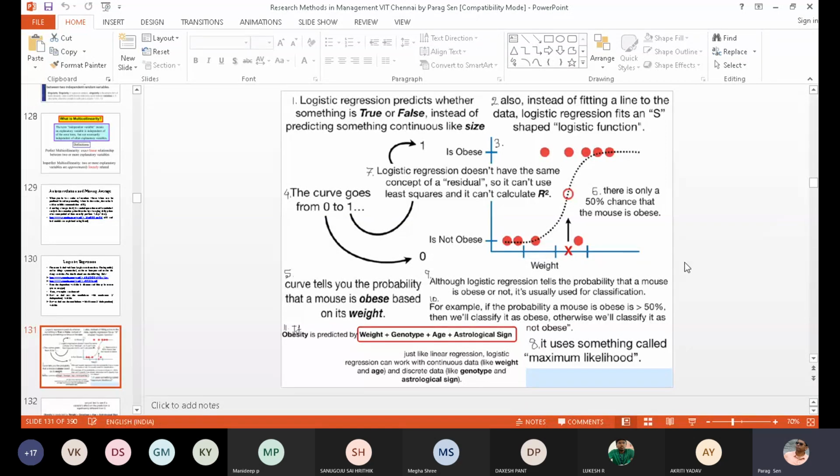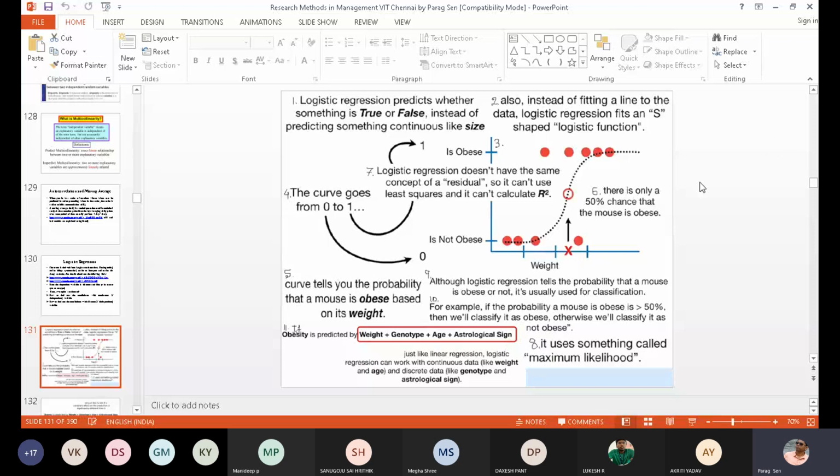If it is 0.4, you say the mouse will be not obese. So, for example, if the probability of the mouse being obese is greater than 50%, we classify it as obese. Otherwise, we classify it as not obese.